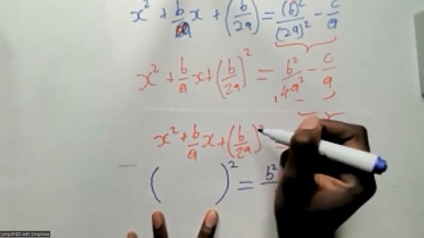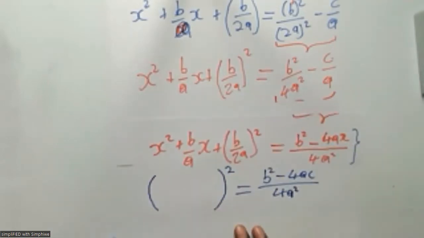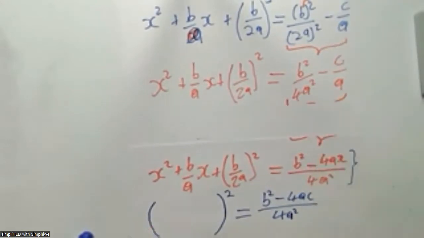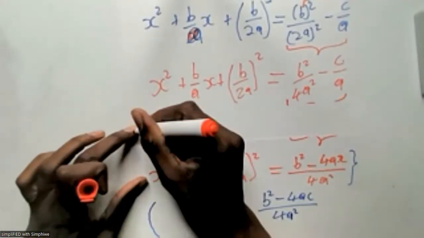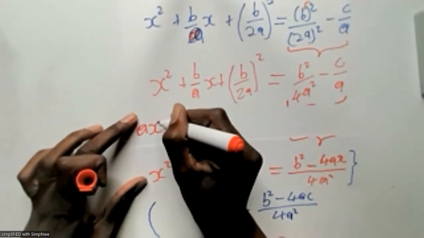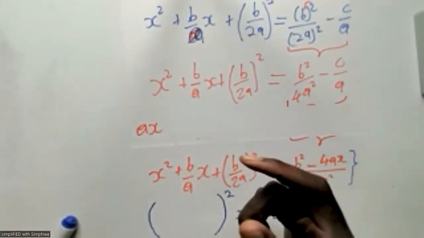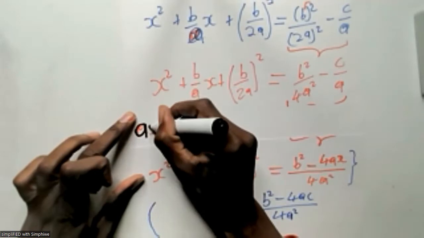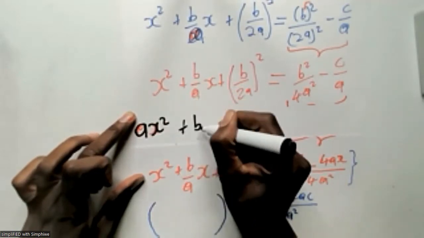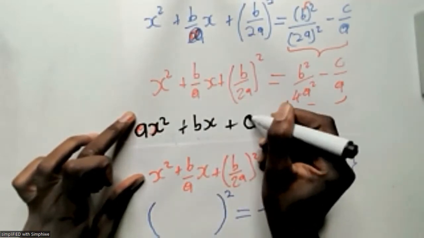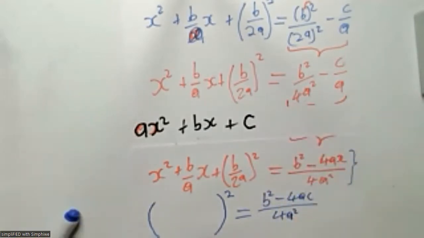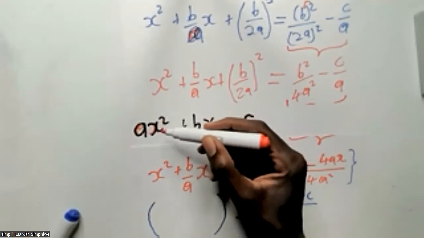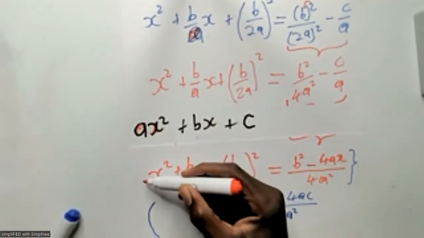Since this thing is a quadratic equation, look, it's of this form. It's a quadratic equation because we said a quadratic equation is ax squared plus bx plus c, right? So if you check very well here, ax squared, the number attached to x squared is here 1.